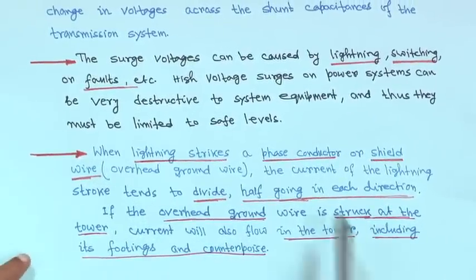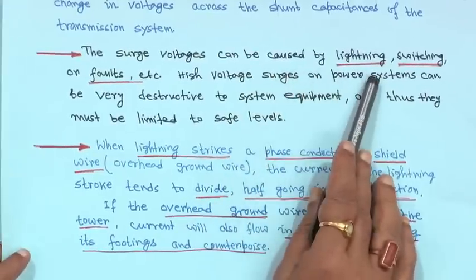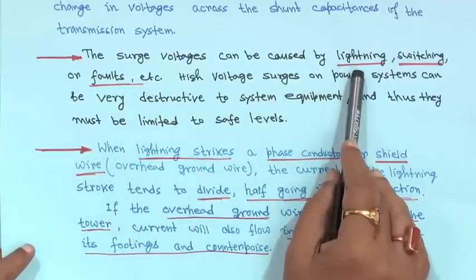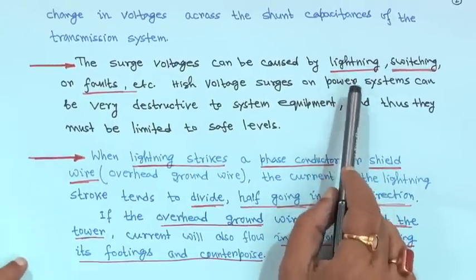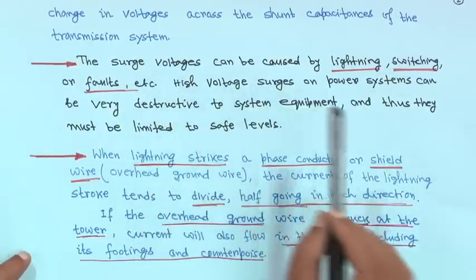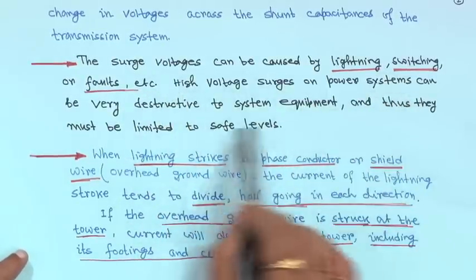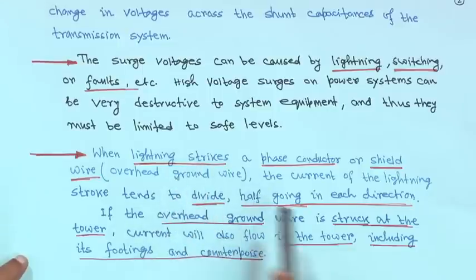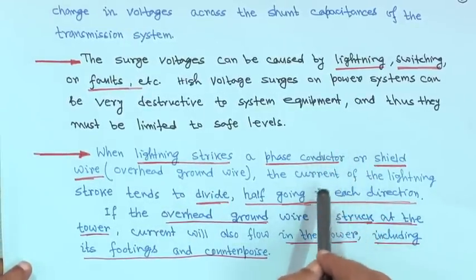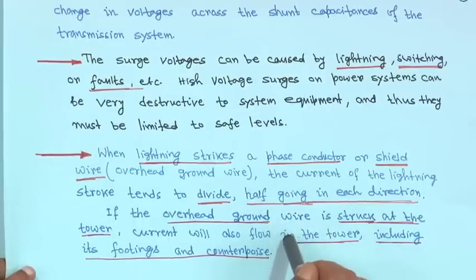Now, next, surge voltage can be caused by lightning, switching or faults etc. Lightning stroke we will explain later on, and switching or faults etc. High voltage surges on a power system can be very destructive to system equipment, because they can destroy everything, right. They can destroy a transformer, and sometimes even a lightning arrestor.